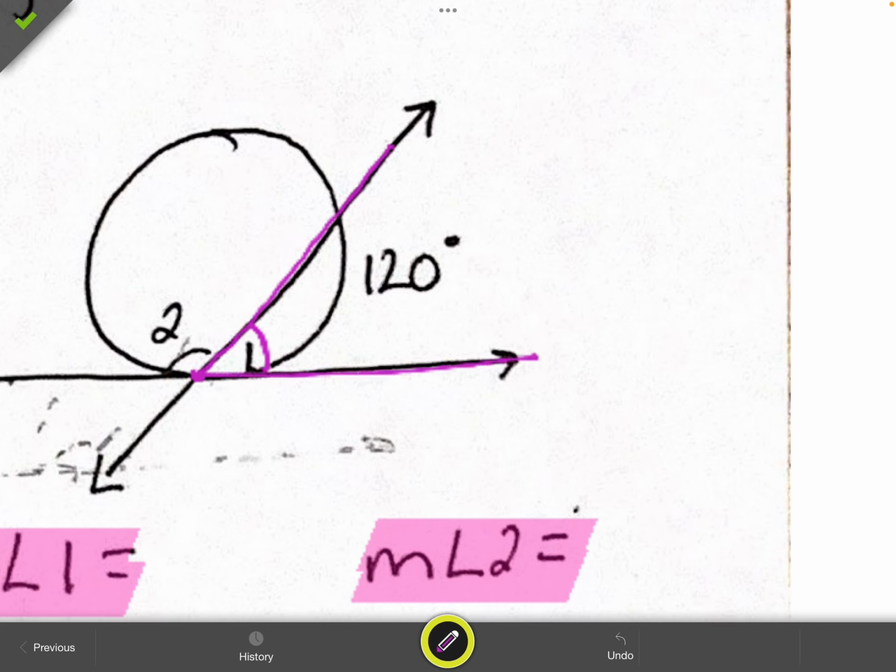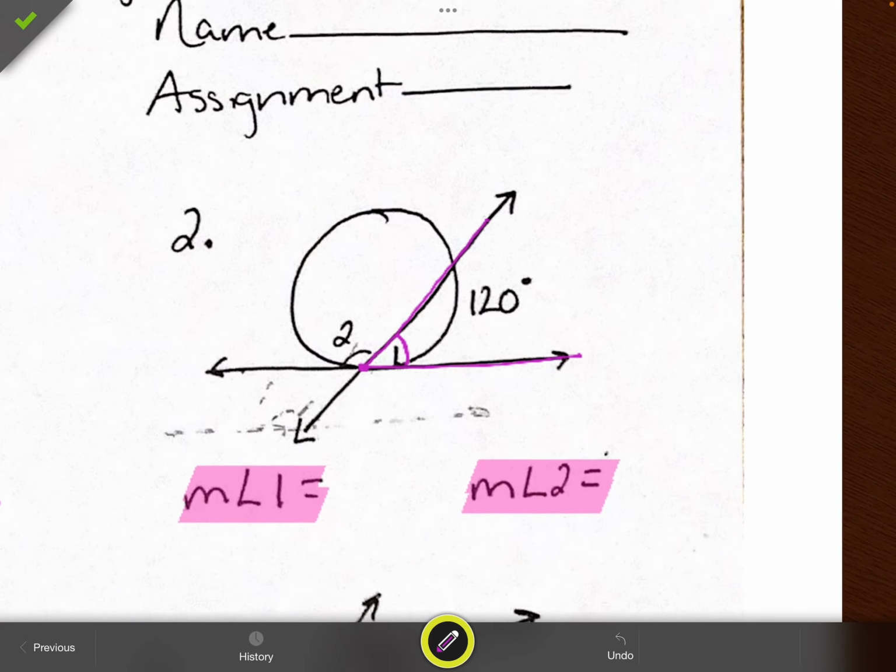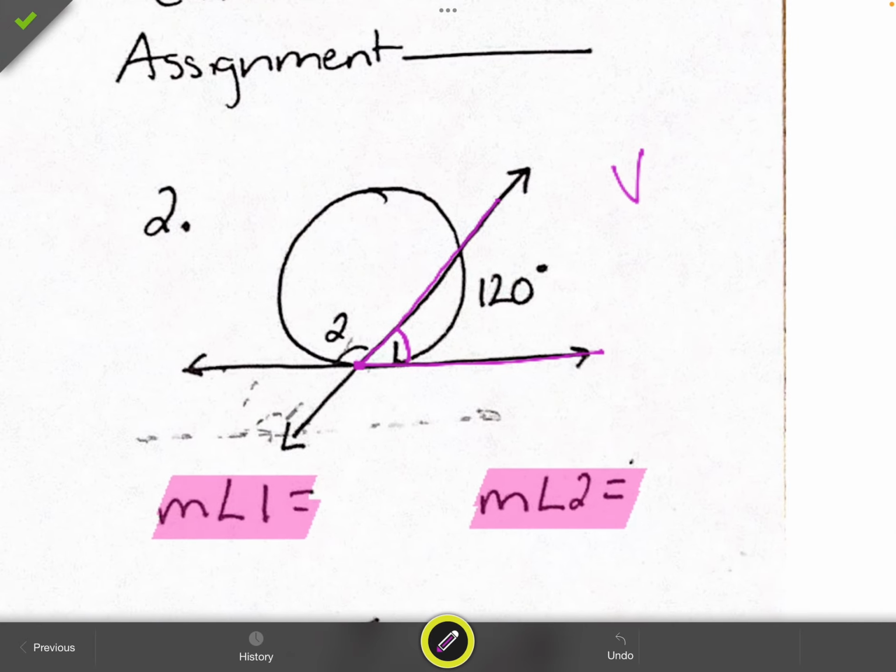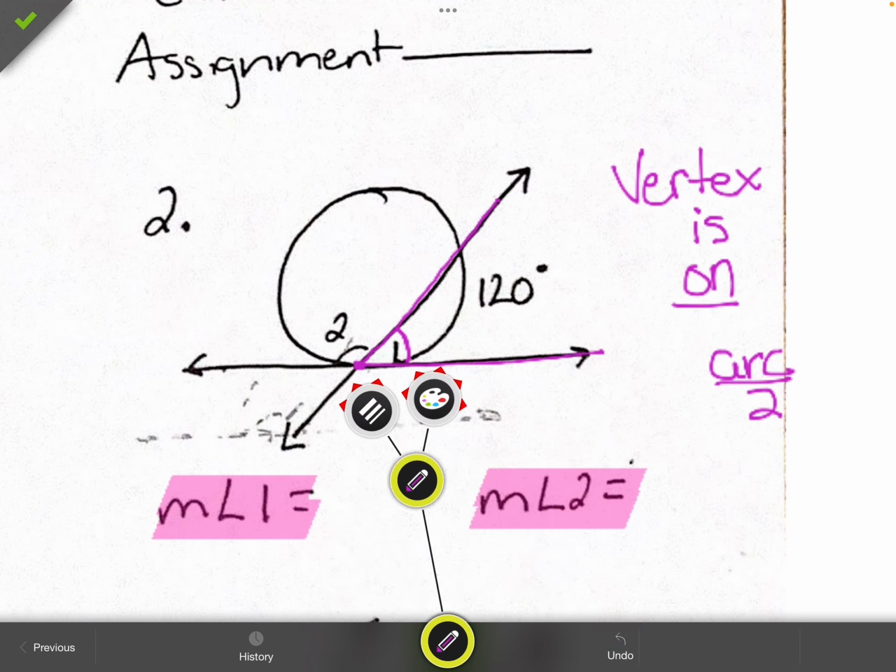So I'm going to figure out where my vertex is. So where is my vertex? My vertex on this one is on the circle. My formula for on is just arc divided by 2. So I look at my angle, I find the arc it intercepted, which would be this. I see that it's 120.